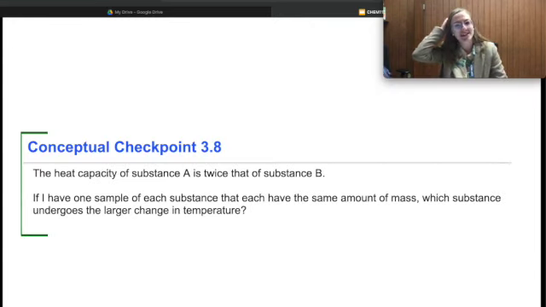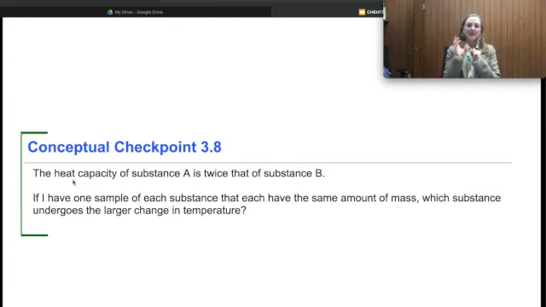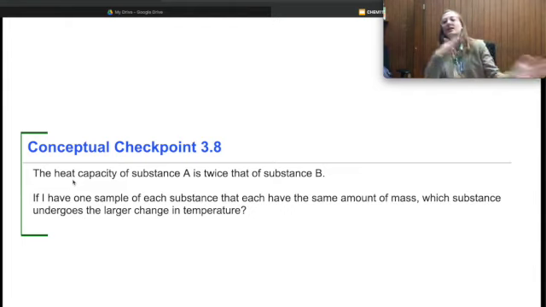So I thought I'd ask you guys a question here. If you want to go ahead and pause the video and think about what's on the screen, I'll just explain the question a little bit, and then you can pause. Basically, the specific heat capacity of substance A is twice that of substance B. So the heat capacity of A is bigger than the heat capacity of B. If I have the same amount of stuff, which substance can I get to a higher temperature?